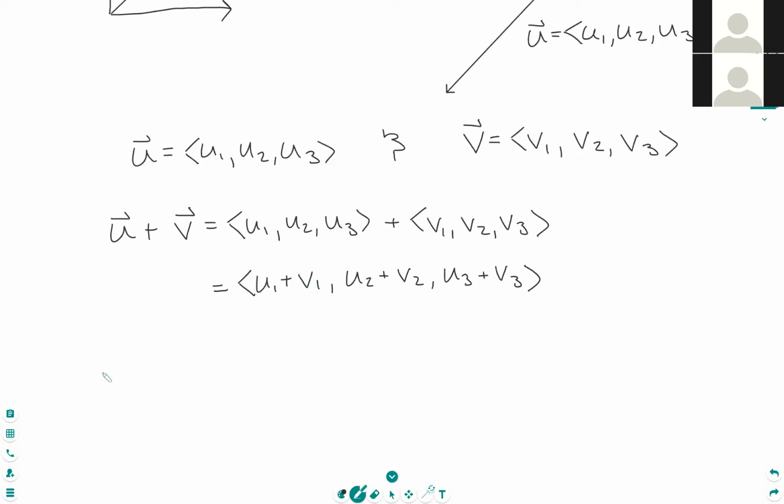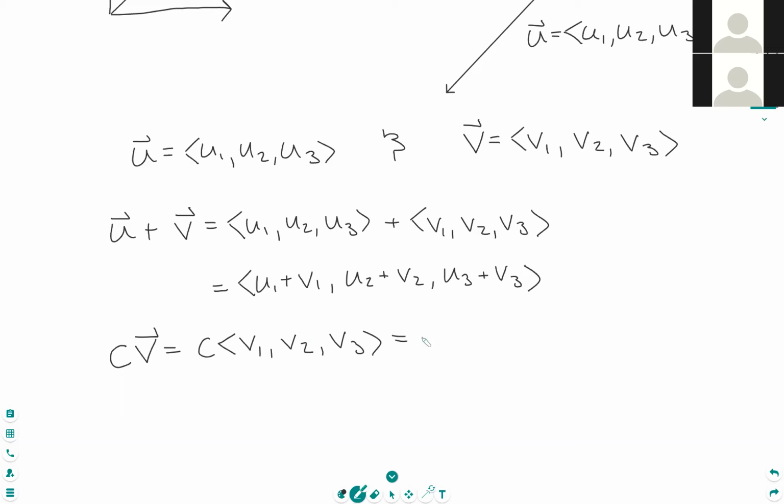Now if I have a scalar multiplication of these vectors, with our constant c multiplied by my vector v, we can write this as c times the vector v1, v2, and v3.